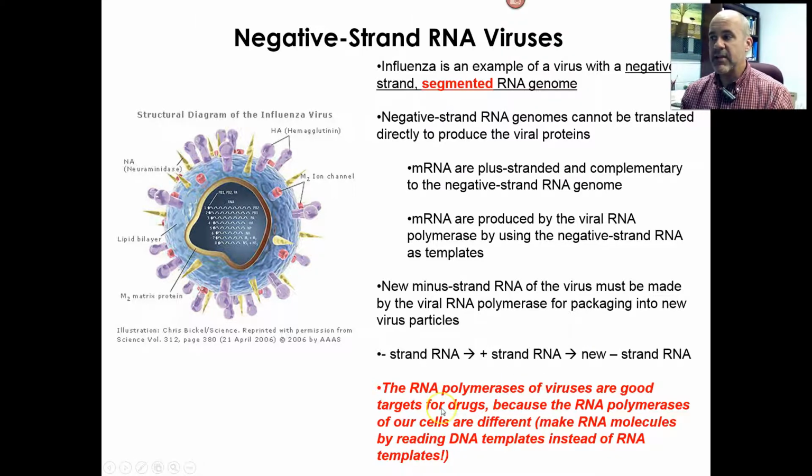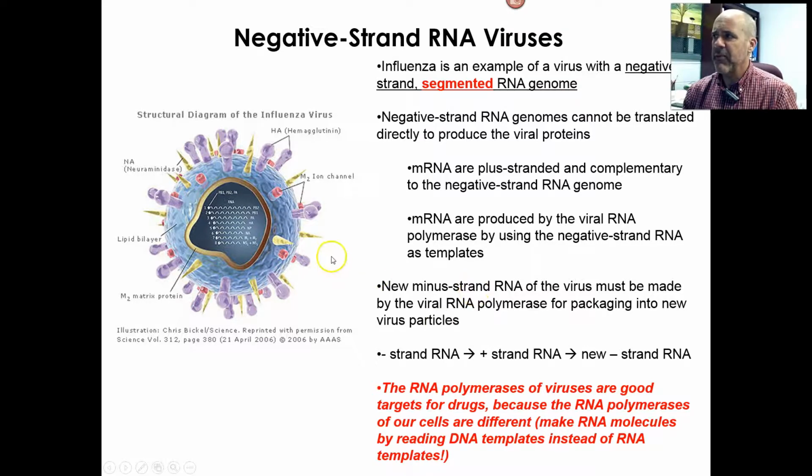And lucky for us, because those aren't enzymes that our cells need or use, if we can come up with drugs that will interfere with the virus's RNA polymerases and not ours and our host cells, those might be good targets for drugs that would help work against the influenza. We do have some influenza drugs that are out there, as you guys know, but we need more. There's a lot of intense research going into coming up with safe, effective drugs for things like the flu.